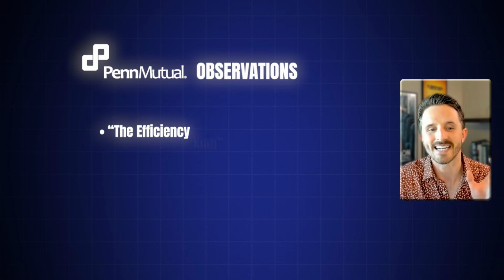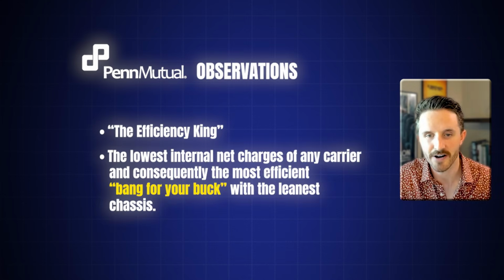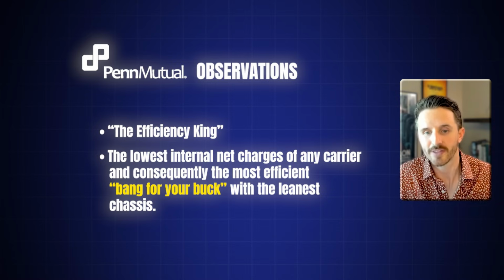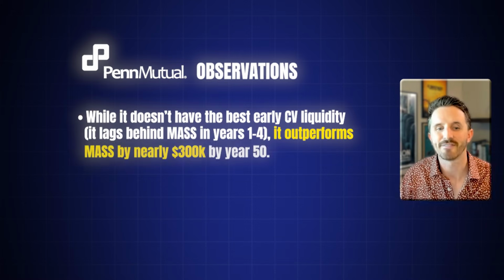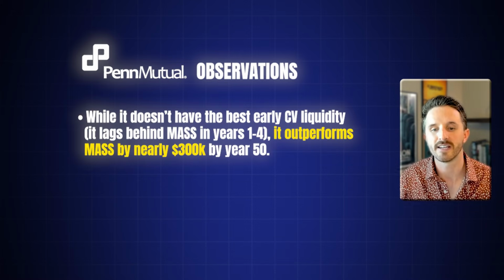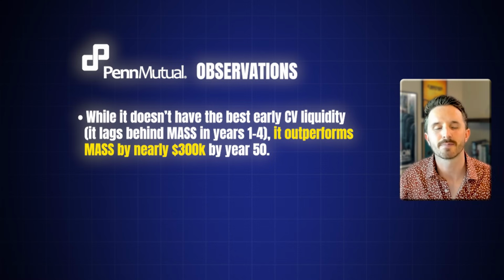Here are some different observations. Now Penn, I'll call Penn the efficiency king here, right? It has the lowest internal net charges of any carrier, at least that we work with, and consequently the most efficient bang for your buck with the leanest chassis. So while it doesn't have the best early cash value liquidity, it does lag behind Mass in years 1 through 4, it outperforms Mass by nearly 300,000 by year 50.